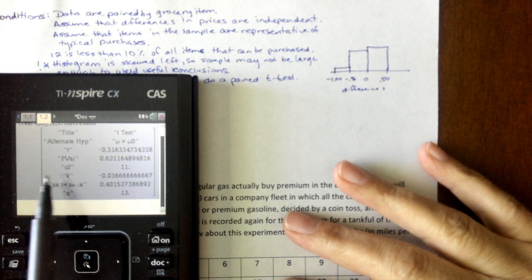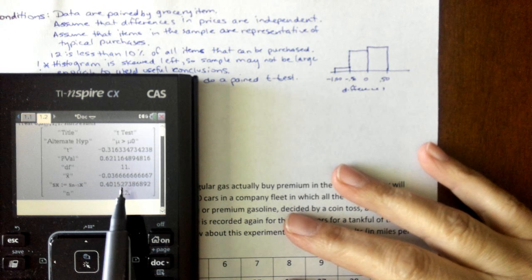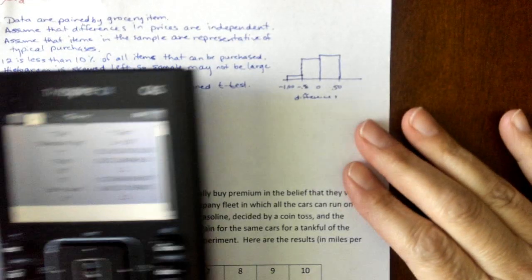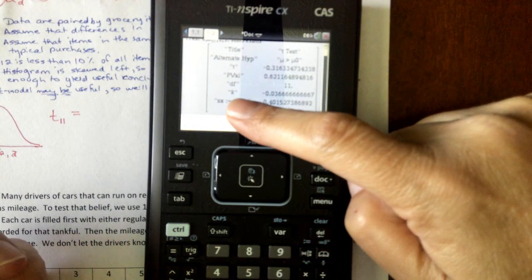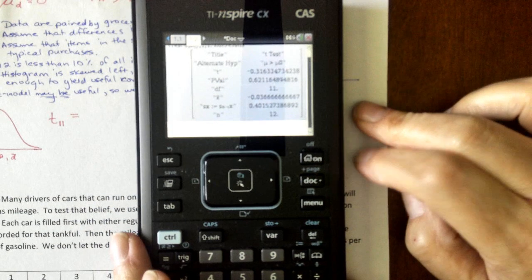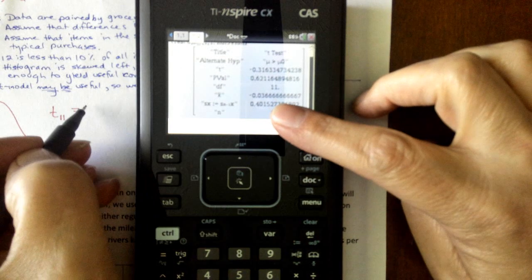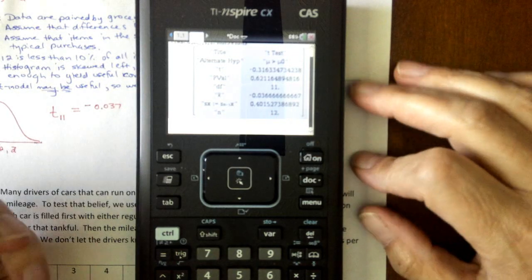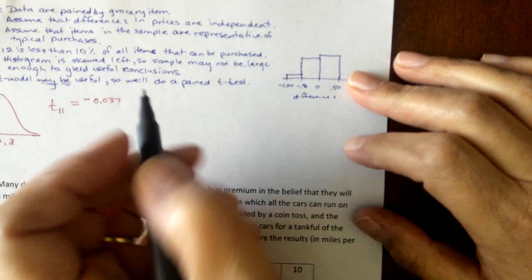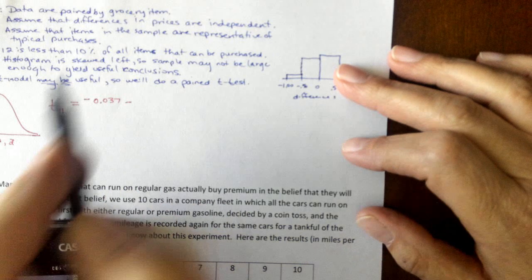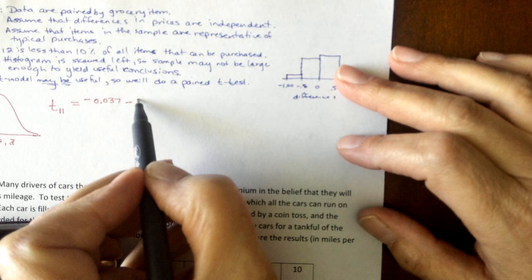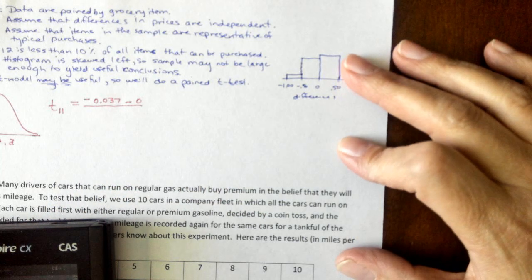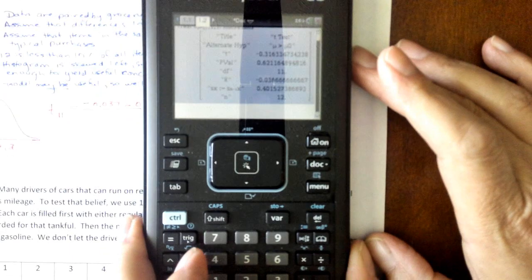We have degrees of freedom. We have the mean of the observation, which is the first thing we need in our t-score formula. So the mean of the actual samples, x bar, is negative 0.037, minus the mean of the null hypothesis, that was 0, over, now we need s over square root of n.